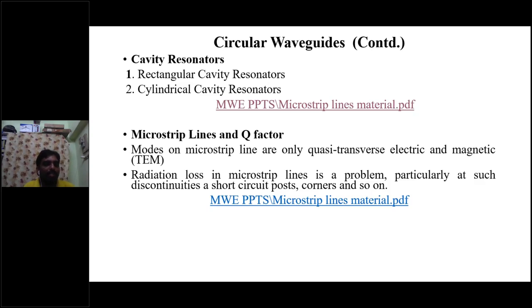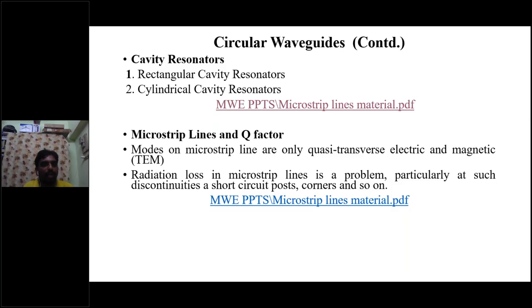For the propagation of a transverse electromagnetic wave, the field components along the z direction are equal to 0. That's why the electric field along z and the magnetic field along z, Ez and Hz, are equal to 0. When we substitute Ez and Hz equal to 0 into the field components we got from our rectangular waveguides, Ex, Ey, Ez, Hx, Hy, Hz, all the field components are 0.